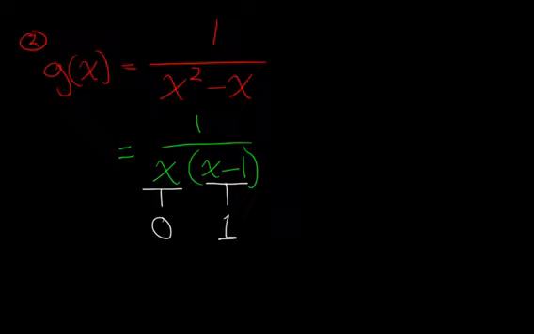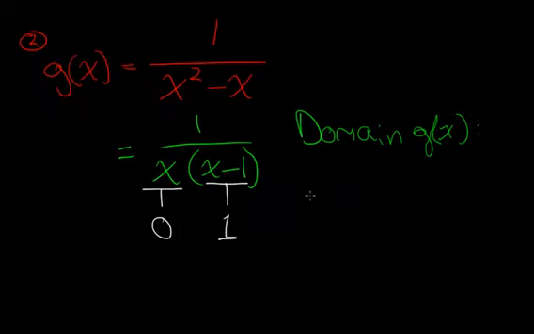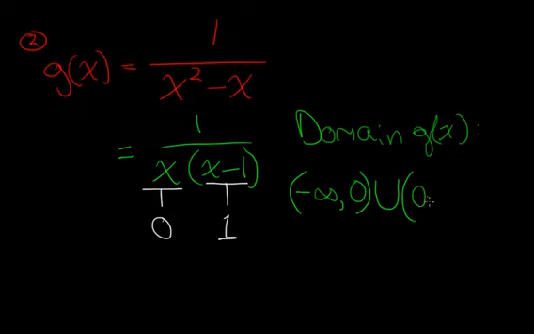So how do we write this in interval notation? I will use green. The domain of g of x in interval notation: from negative infinity up to 0, so it can't be 0, and we're not using the inclusive brackets. Then the union symbol, which basically means and, then from 0 to 1, all those points between 0 and 1 we can have in the domain as x.